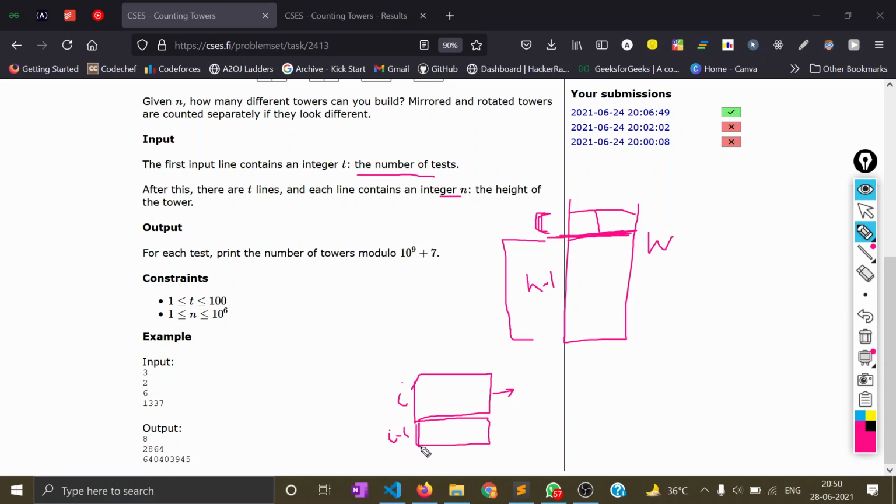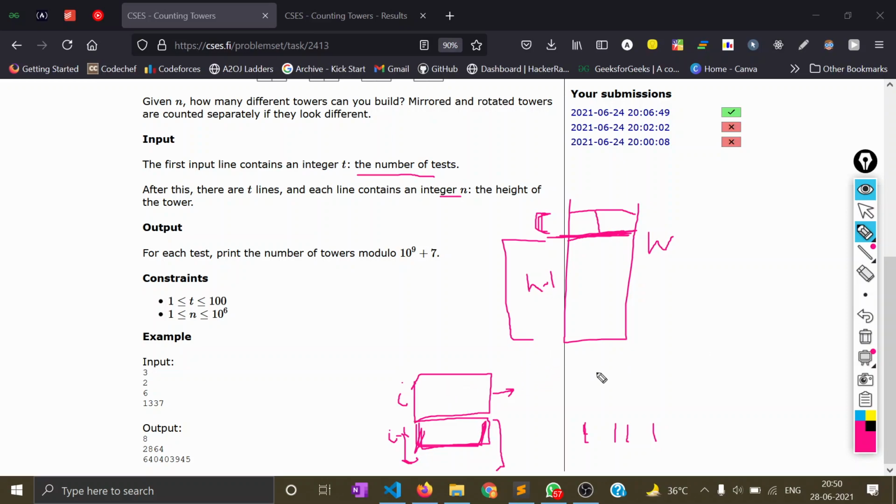If the i minus 1th block is a tower of width 2, we do not consider the height of the i minus 1th block because that doesn't really matter. What matters is whether it is of width 2, or width 1, or two blocks of width 1. We are not interested in the previous states of i minus 1 because that's of no use to i. So how can we construct i?